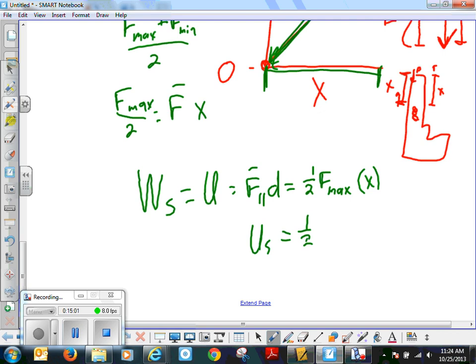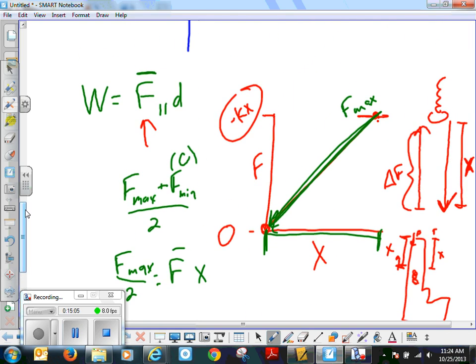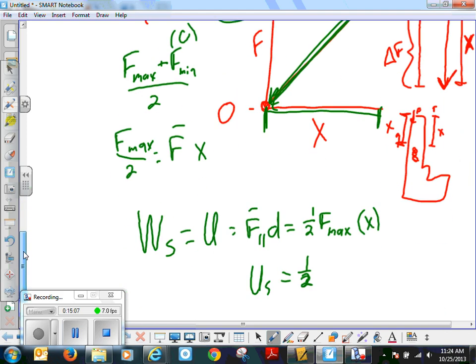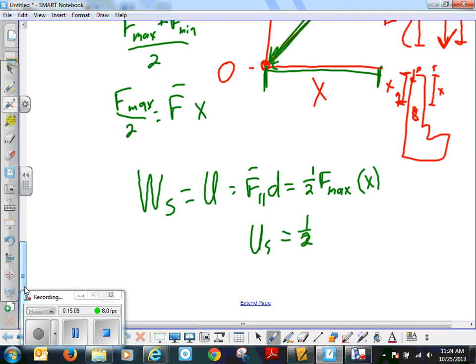Okay, now we have to, with variables, define our max. Oh, look, it's negative kx. 1/2, I'm going to leave the negative out of there because this is energy stuff, kx, and it does that force over what distance? x. So we get our new formula.